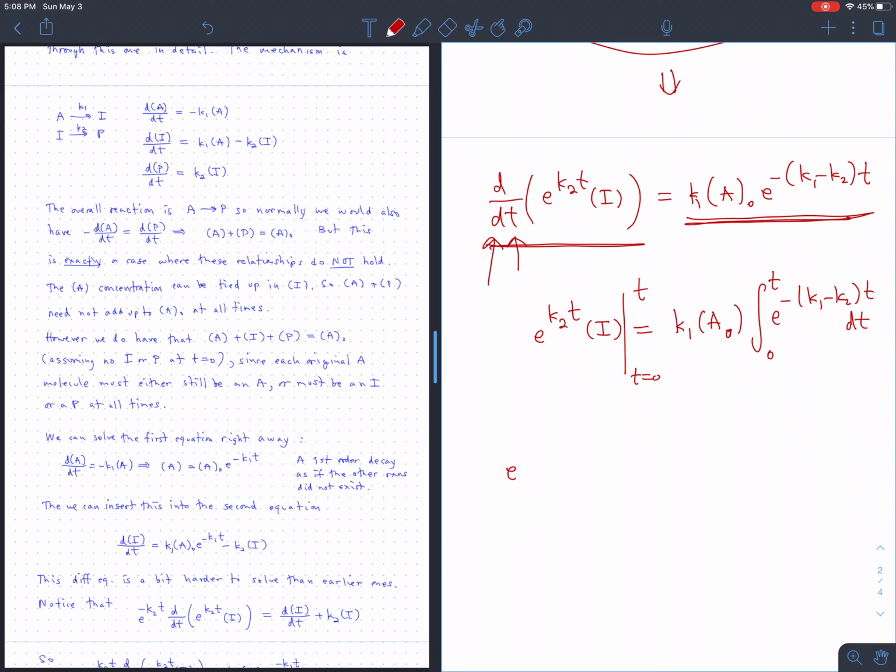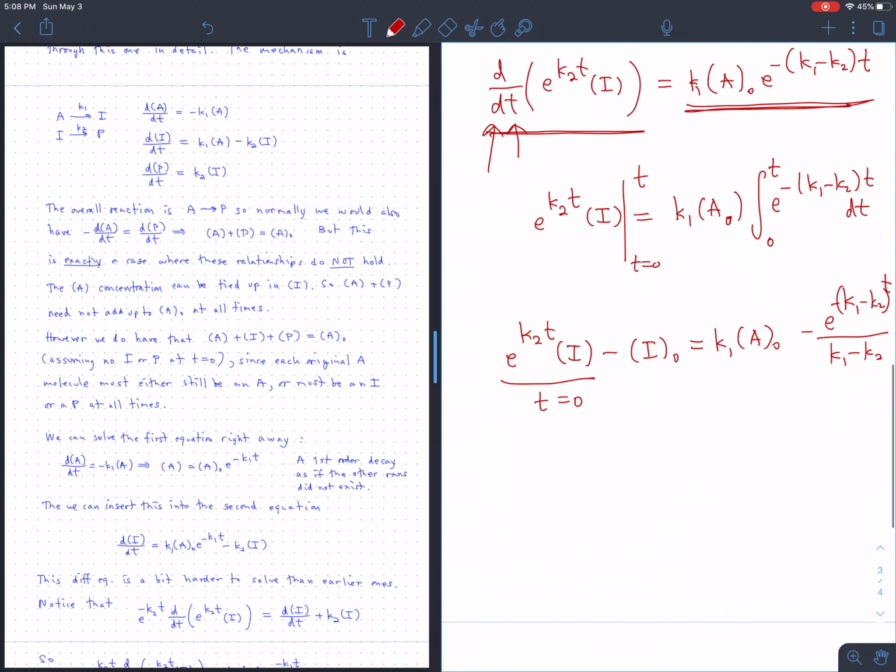And so I get e to the K2t times I minus I0, that's this evaluated at t equals 0, is equal to K1 times A0 times this integral, which is minus e to the minus K1 minus K2 t over K1 minus K2, evaluated between 0 and t. What a mess. Let me rewrite that.